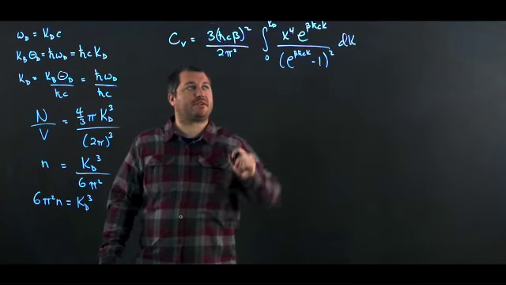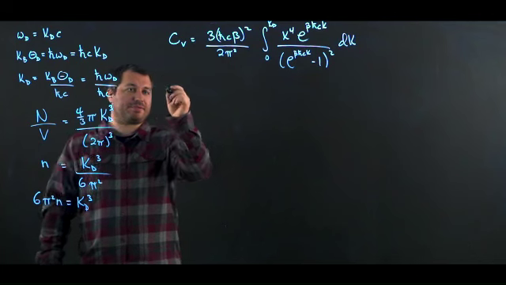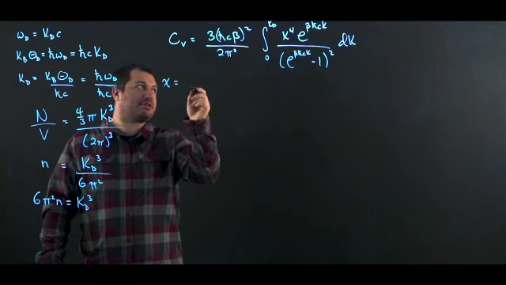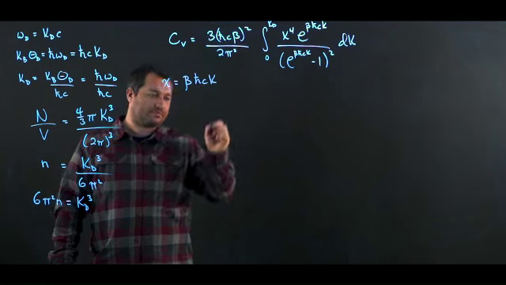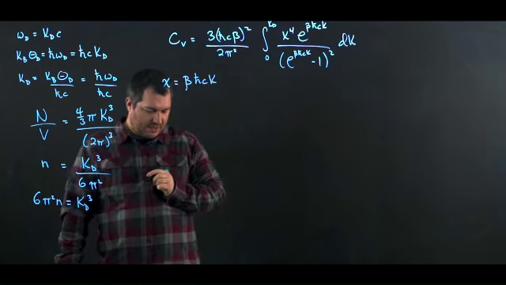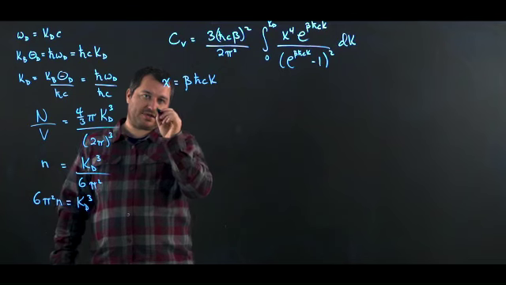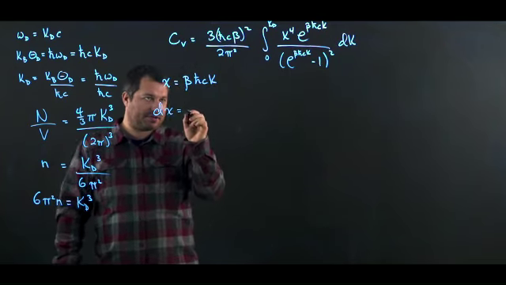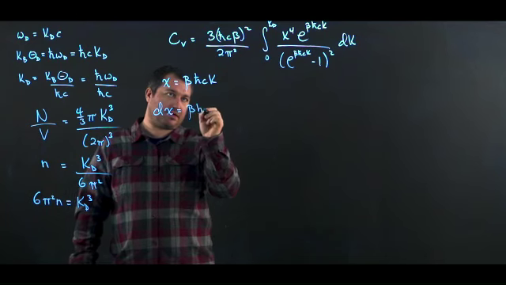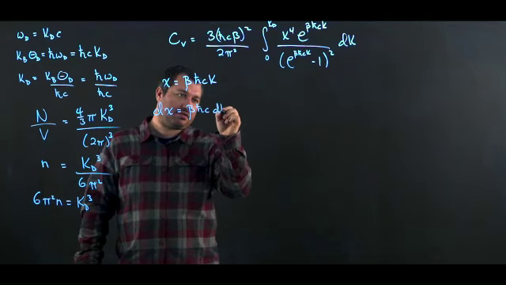And this is not a very nice looking integral. So we're going to try to make a substitution where x is equal to beta h bar ck. Now if I do this, I can say that dx is going to be equal to beta h bar c dk.